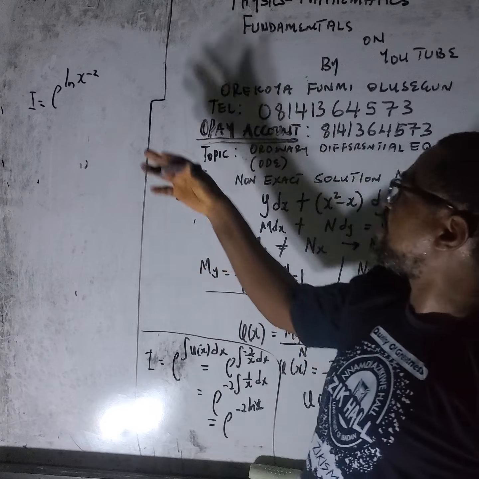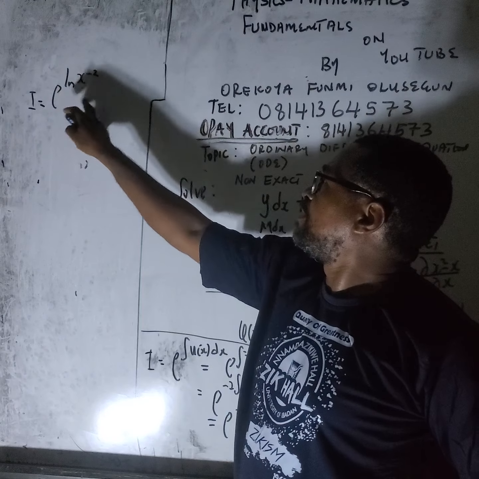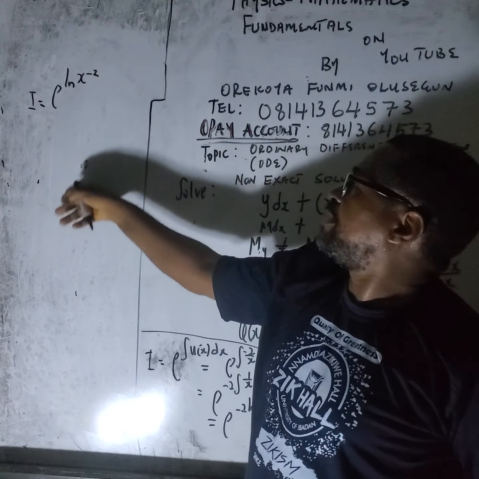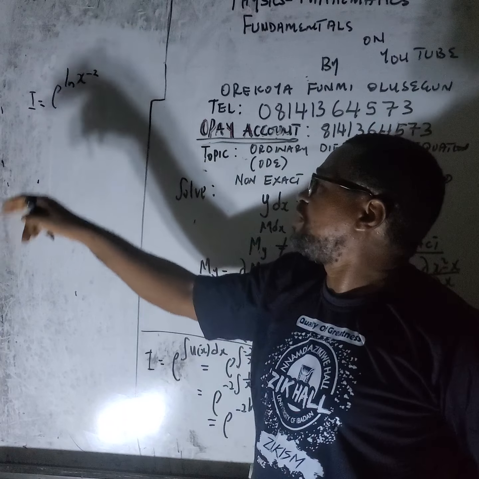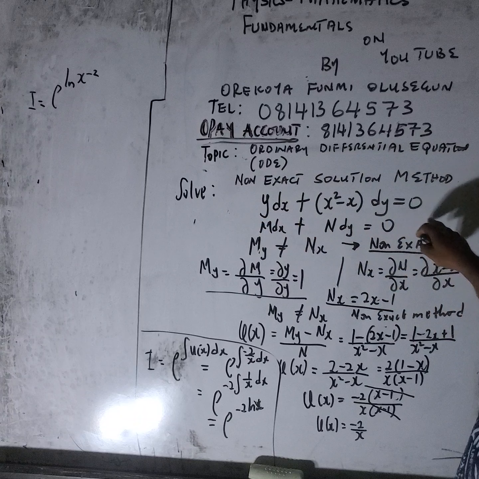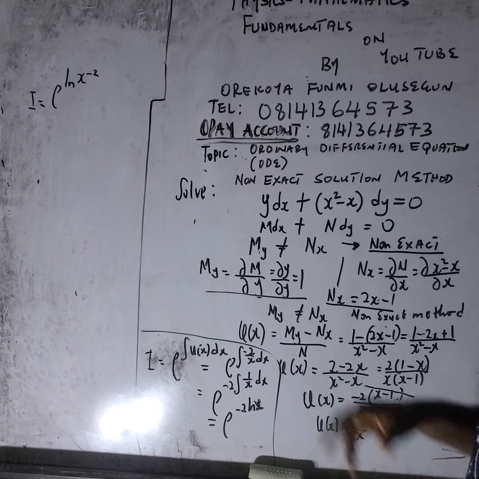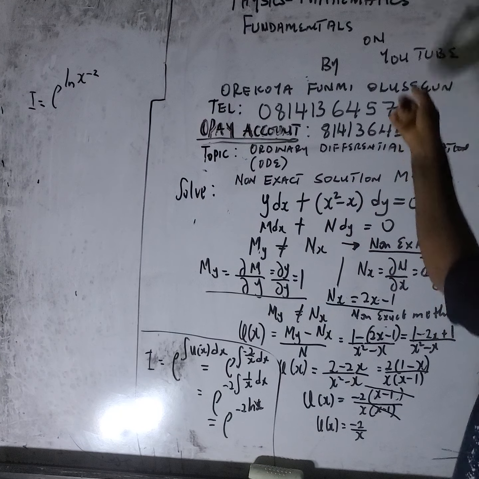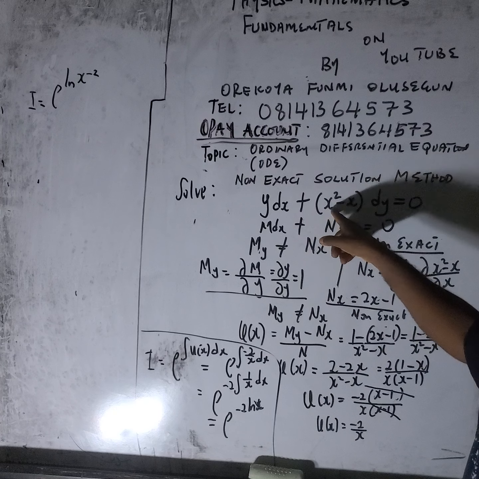So now we can rewrite this in a way that we can use it to multiply the original differential equation, to be able to convert it to the exact method.